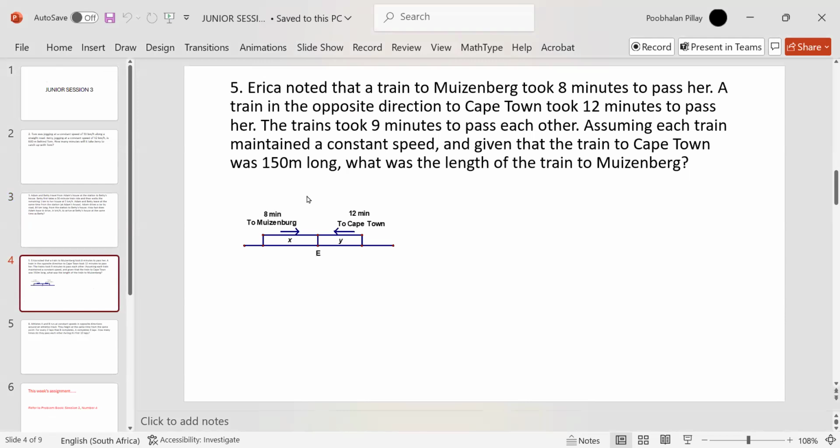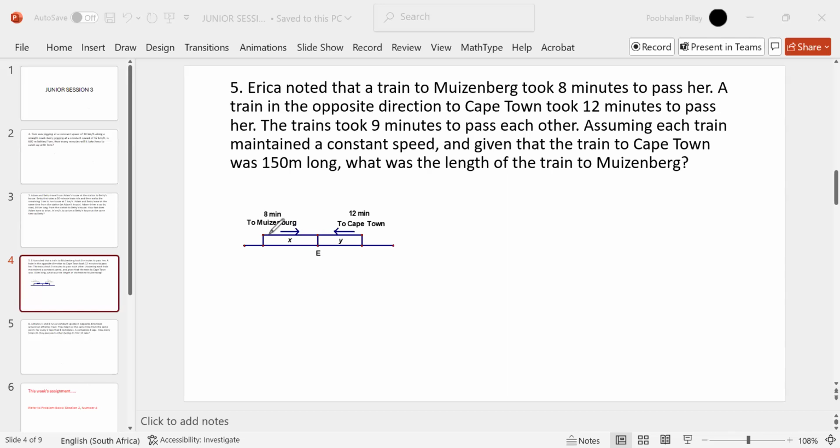Now, Erika noted that a train to Musenberg took 8 minutes to pass her. I already got the diagram here to make it a little bit easy. So there's Erika here, standing here, and she saw the train to Musenberg, and imagine that this is a train.